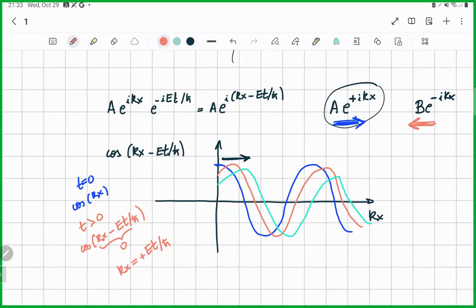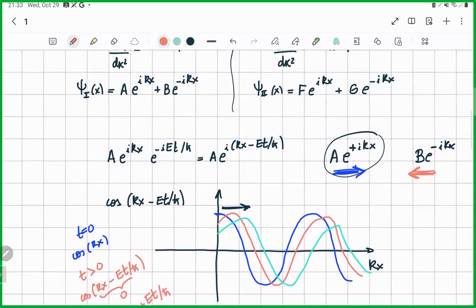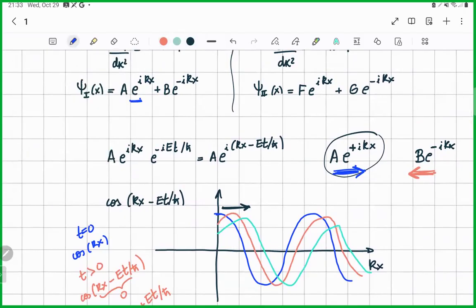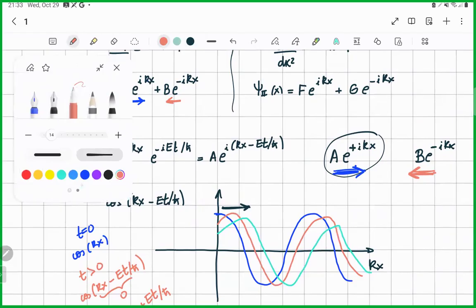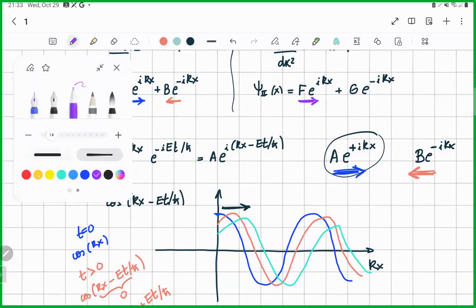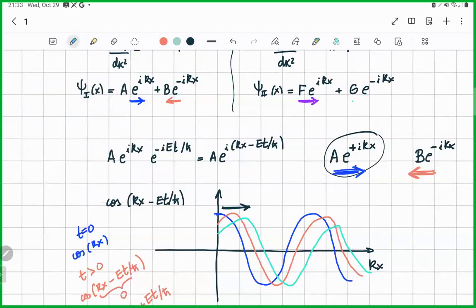Okay, why is this important? Well, let me put what we discussed here. This part with the plus is the one moving to the right. The one with the minus is moving to the left. On the other side, this F is plus ik, so it's the one moving to the right, and the G would be the one moving to the left.